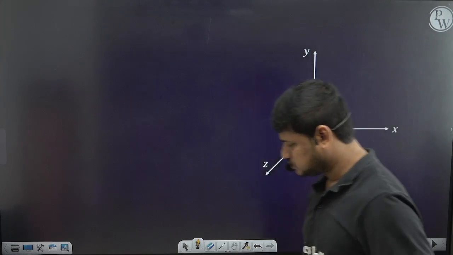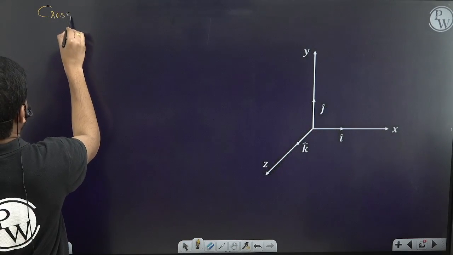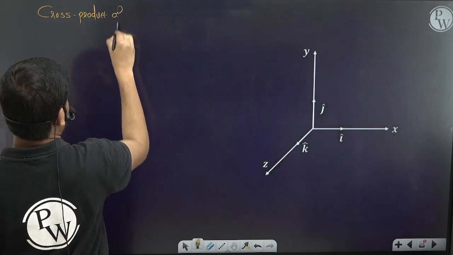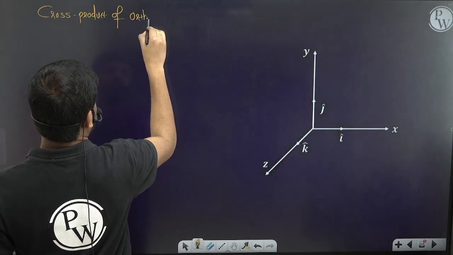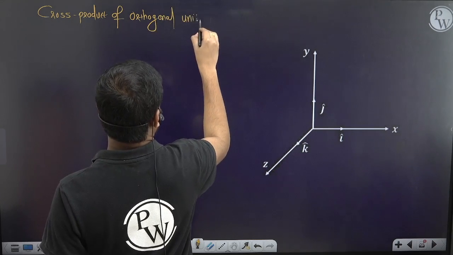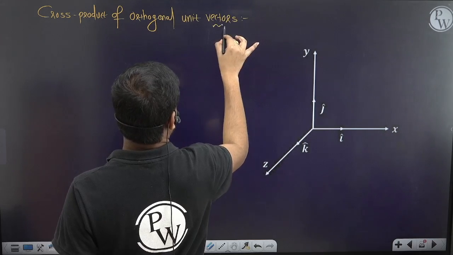So next, the cross product of orthogonal unit vectors.